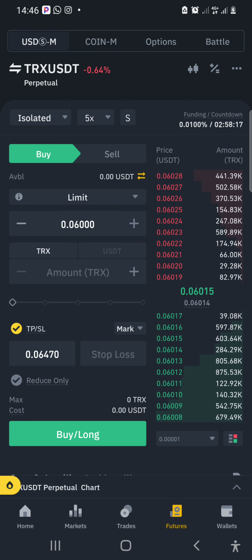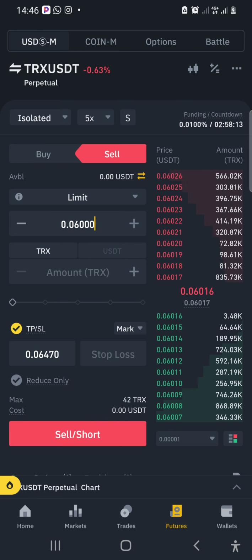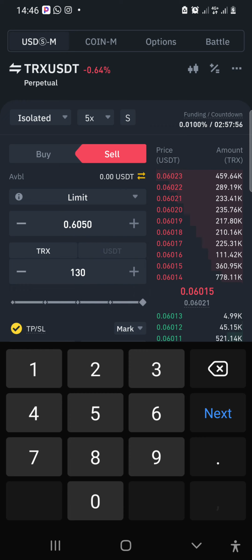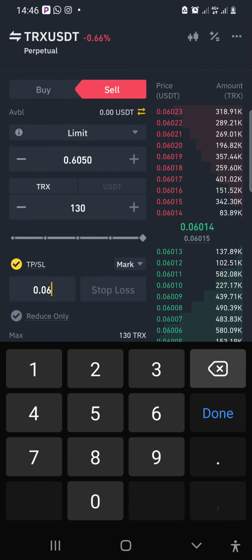You get now. So now, if it is sell, let's say I want to sell now. Sell limit means that I want to sell at a price higher than the current market price. You get higher or lower, any one you wish for. So let's say I want to sell at 0.06050 now. I'll just set my take profit.